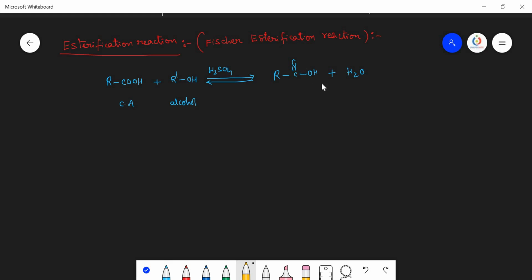Carboxylic acid plus alcohol gives ester.